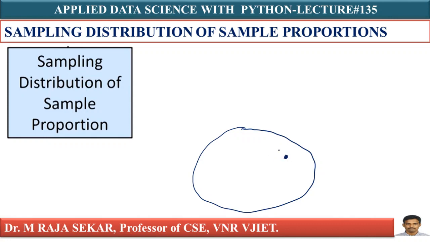Suppose x is a discrete variable, and from this population I am collecting samples S1, S2, and so on up to Sn. There are n samples. Suppose I take a discrete or categorical variable.